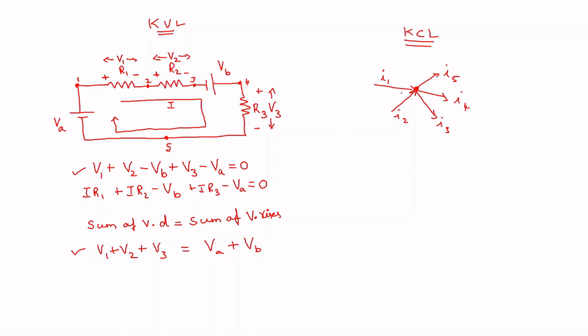These two currents I1 and I2 are incoming to that particular node, so positive sign is given to these two currents. Leaving currents are given negative sign. So it is like this: I1 plus I2, and leaving currents I3, I4, I5 are given negative polarity. So sum of all currents is equal to 0.